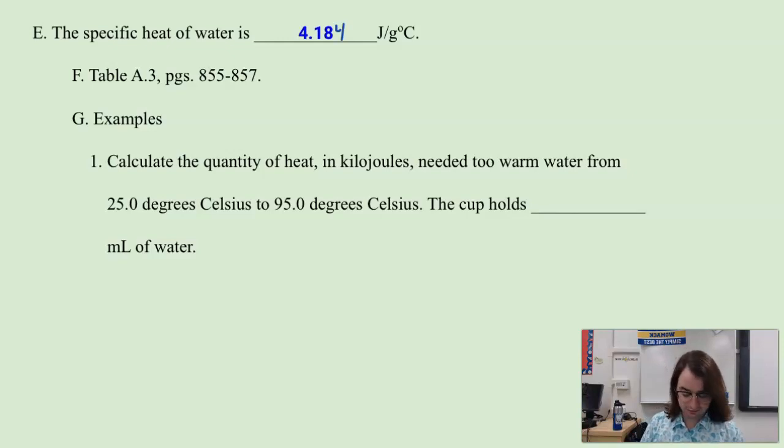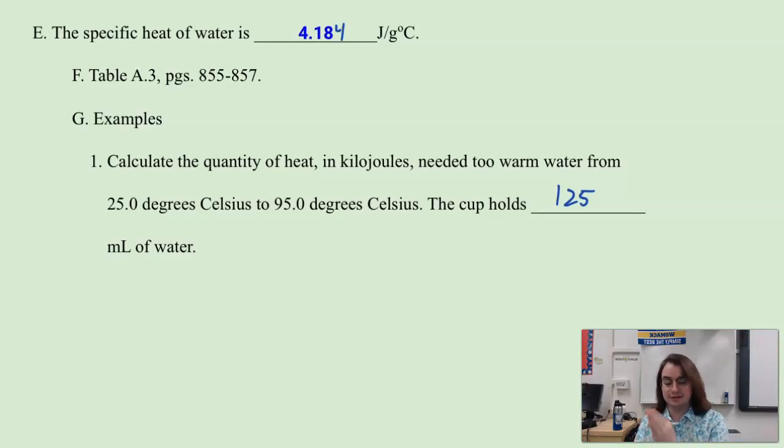Let's calculate the quantity of heat in kilojoules needed to warm water from 25 degrees Celsius to 95 degrees Celsius. The cup holds 125 milliliters of water. So it gives us water in milliliters, but we need grams for the equation, right? Because we're looking for Q equals mc delta T, and in this situation, we are looking for Q. That's the quantity of heat in kilojoules.